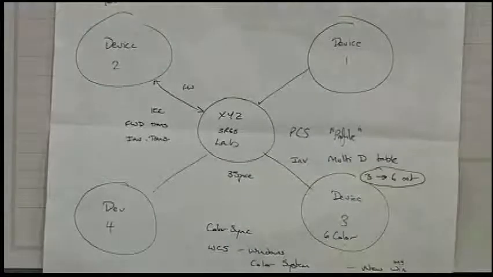Well, one way of saying it would be they don't ignore XYZ and LAB. A lot of devices talk, their interchange space is sRGB. So they understand that users don't understand LAB, they don't understand XYZ. They think in terms of RGB.